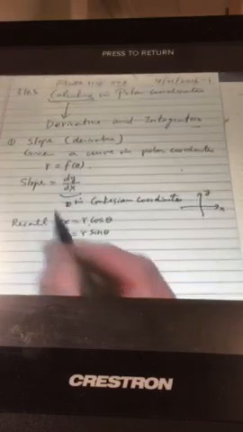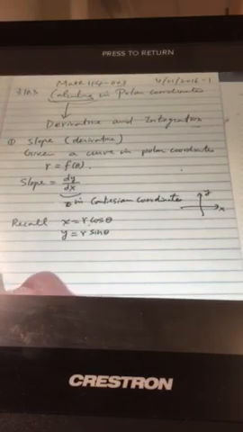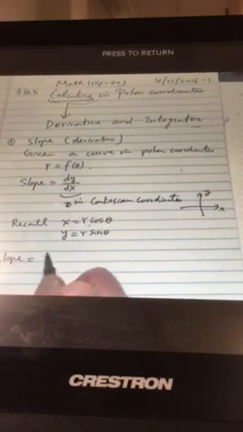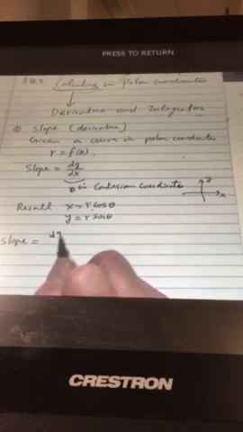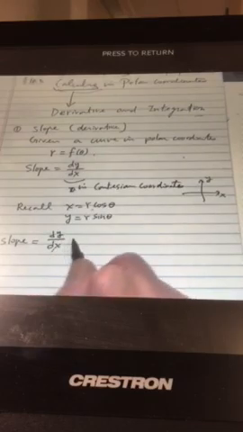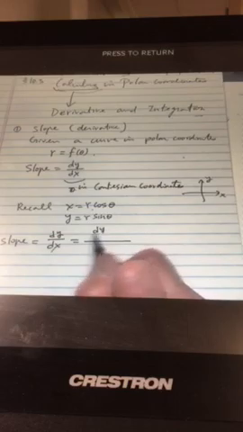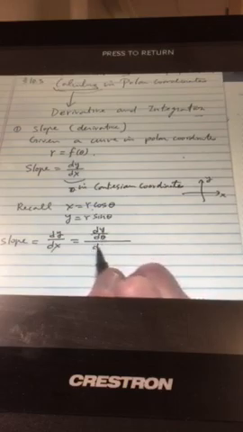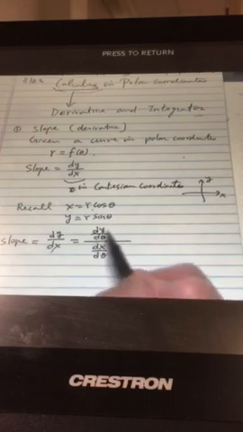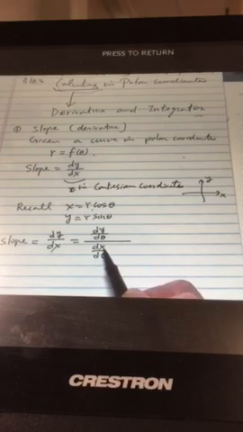Slope, which is dy over dx, I'm just going to divide both numerator and denominator by d theta. So this is the derivative of y with respect to theta, and this is the derivative of x with respect to theta.